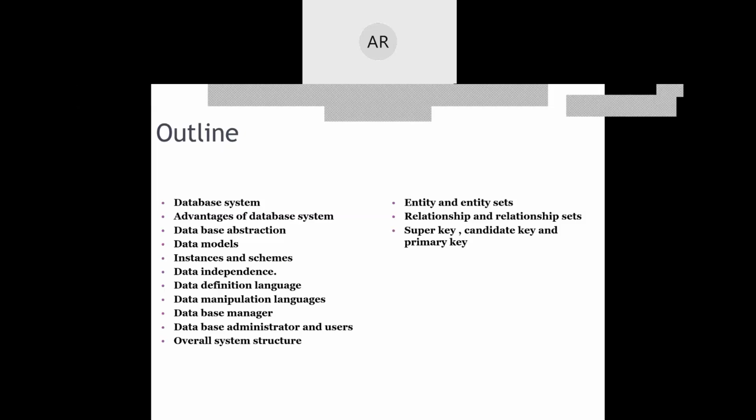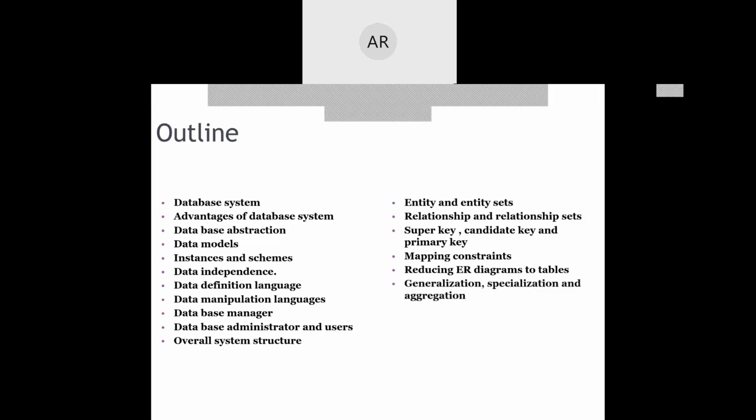There are different categories of keys, and you'll be seeing all those keys like super key, candidate key, primary key, and a few more things. Then we'll be seeing about what is mapping, and after making the diagrams for the database, how to convert those diagrams into tables, that is, reducing of ER diagrams into table format.